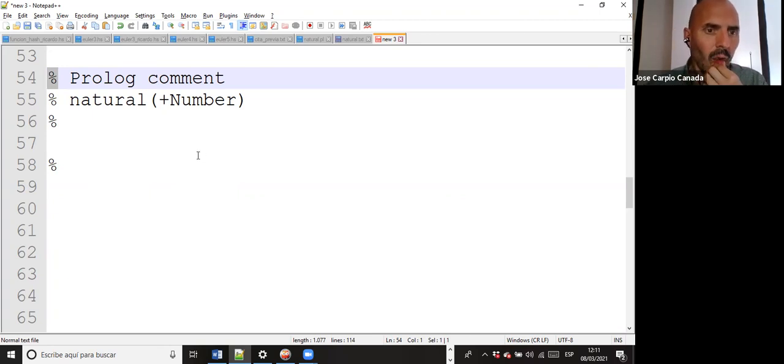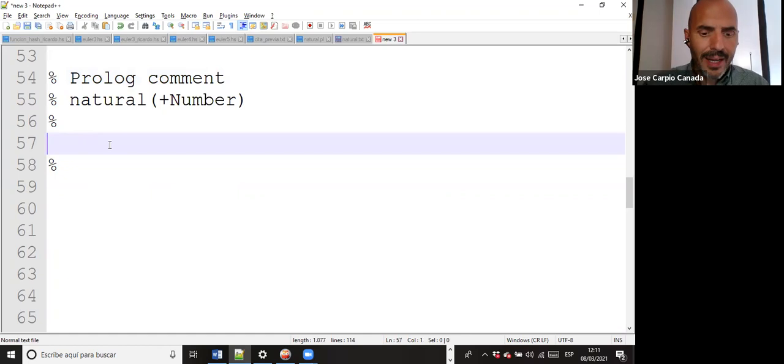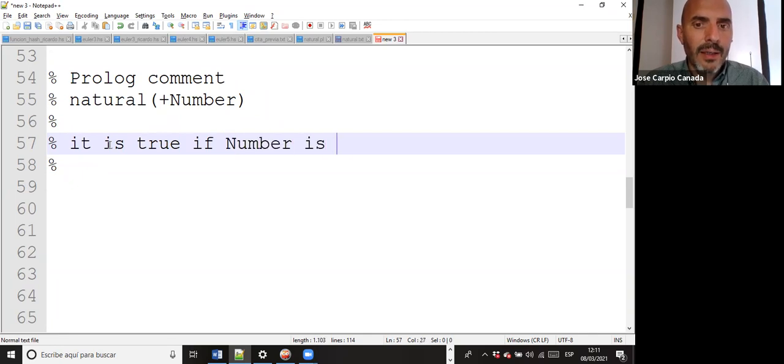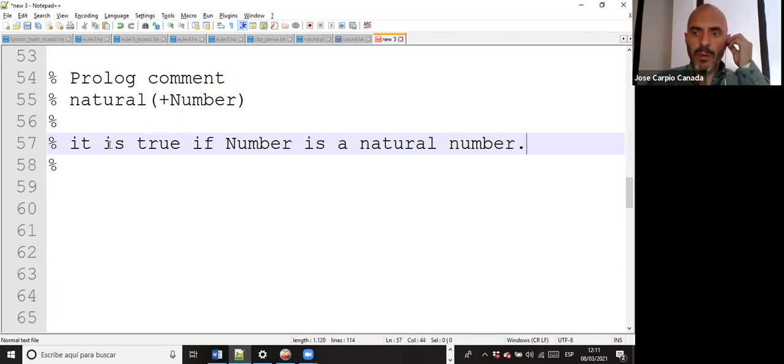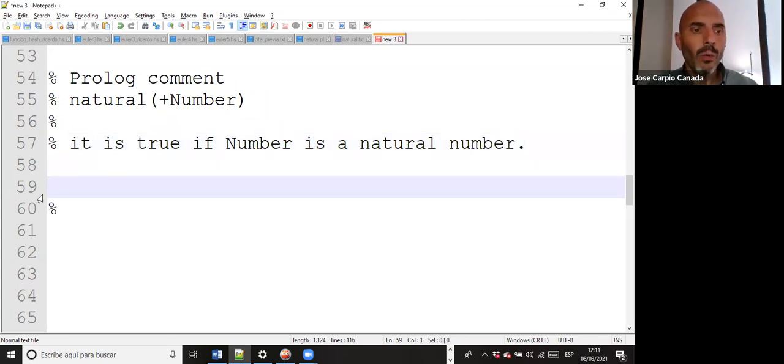And for this natural, we always use an explanation or a line that tells us what this concept means, or when it is true. Natural is true if number is a natural number. With this concept, we are going to evaluate and Prolog will tell us if that is true or false.